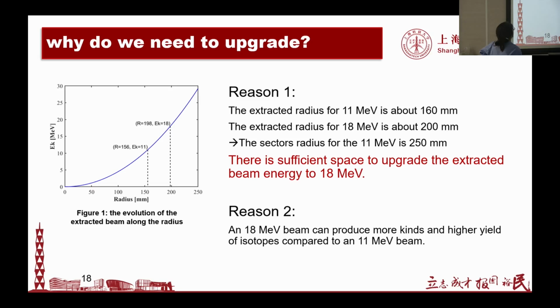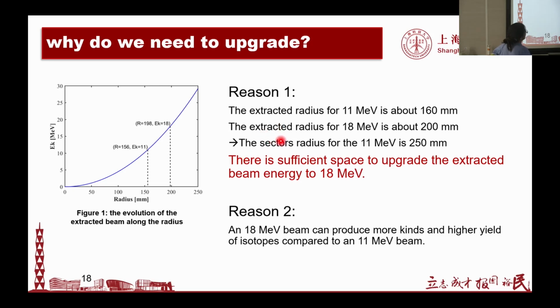The next part is upgrading the cyclotron. First of all, why do we need to upgrade the energy to 18 MeV? From this picture, we can see that the extracted radius of 11 MeV is about 160 millimeter. For 18 MeV, the extracted radius is about 200 millimeter.